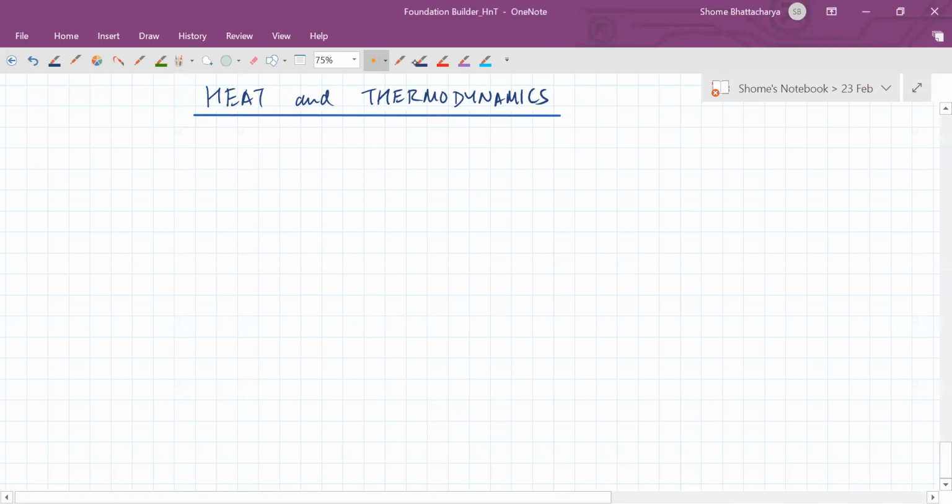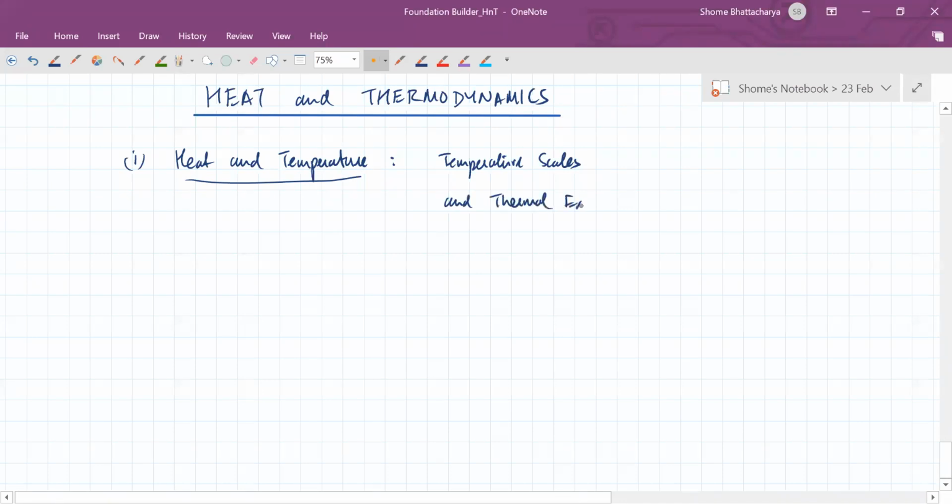So in this section, we will start with a chapter called heat and temperature, where we will begin by understanding temperature scales and then thermal expansion of materials, and then the principle of thermometry.